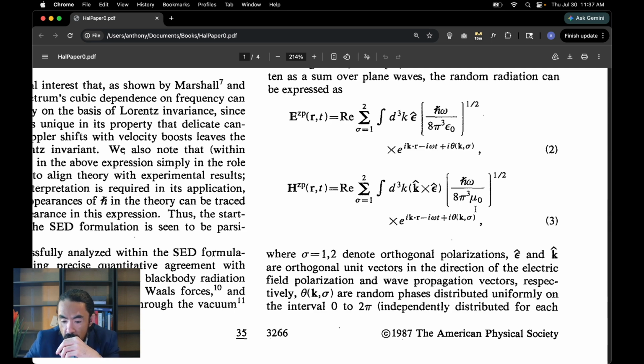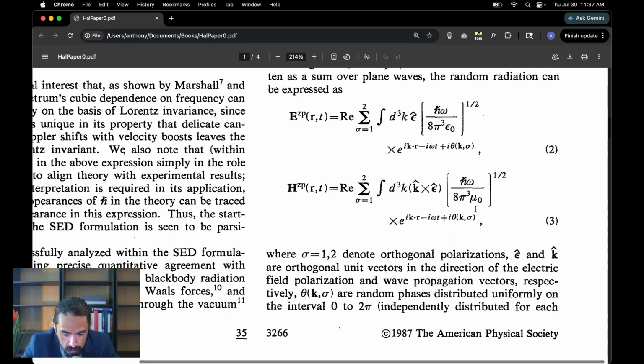So epsilon hat is for the electric field polarization, k hat is for the wave propagation vector, and then the function theta in terms of vector k and sigma are random phases distributed uniformly on the interval 0 to 2 pi, which are independently distributed for each vector k and sigma, and omega equals k times c.